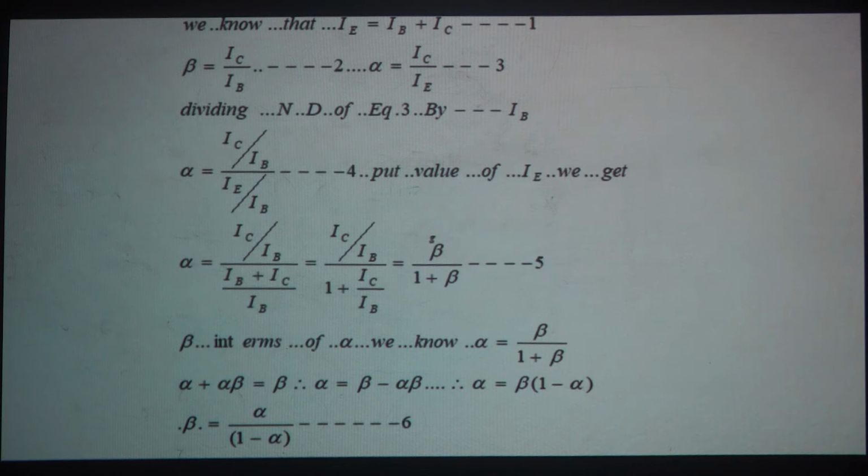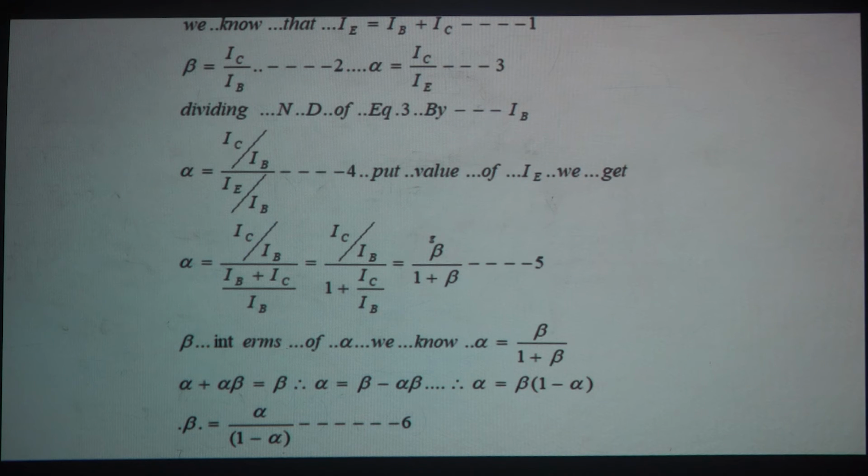So dividing the numerator and denominator of equation number 3 by IB, I will get alpha is equal to IC divided by IB, divided by IE divided by IB. That is my equation number 4.